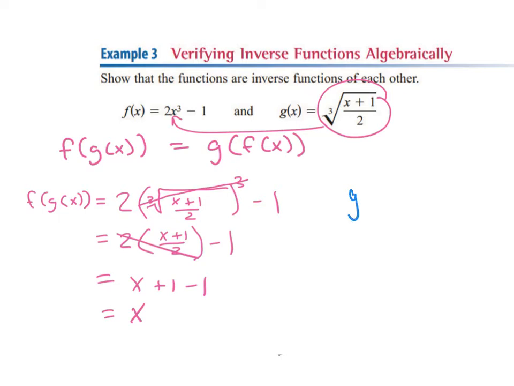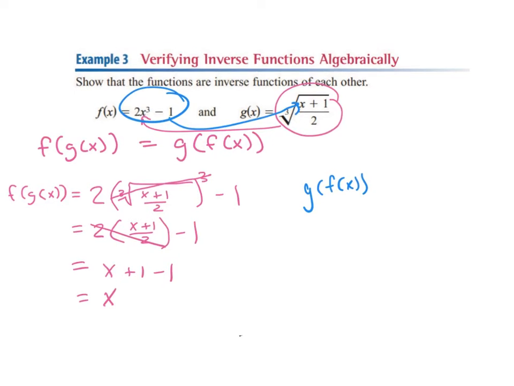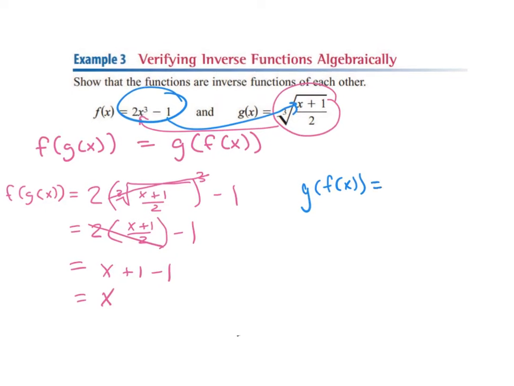Now to find g of f of x, we take our f of x and plug it into the x in our g of x. So this would be the cubed root. In our x, we plug in f of x, so 2x cubed minus 1 plus 1 over 2.